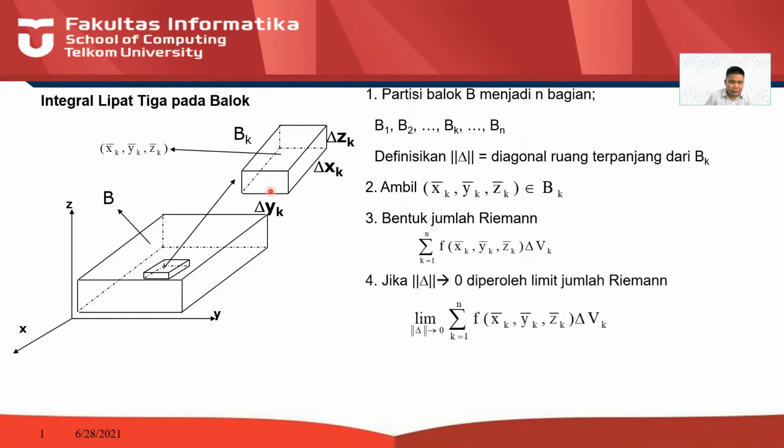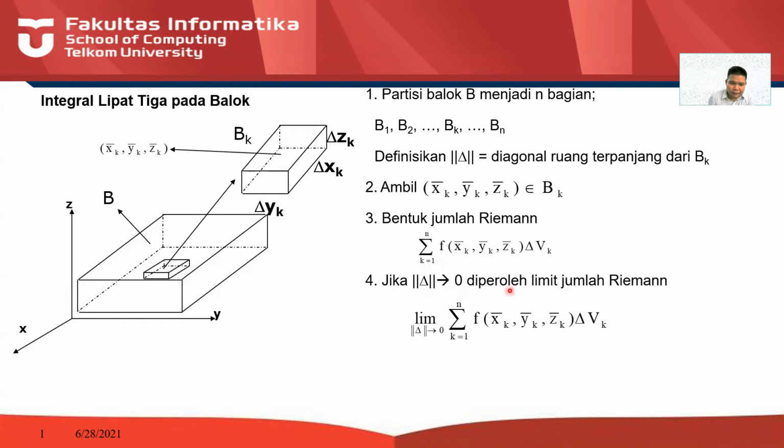Just analogous to the double integral, if the dimensions of the boxes become very small, or the diagonal of the small Bk goes to zero, then we get the limit.